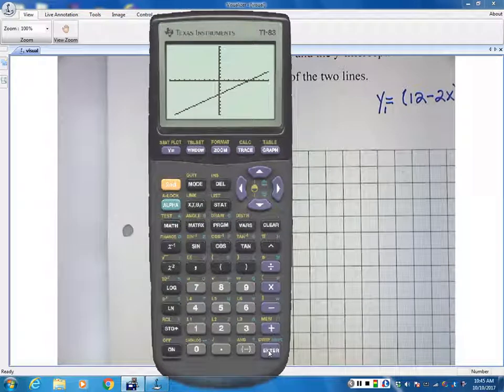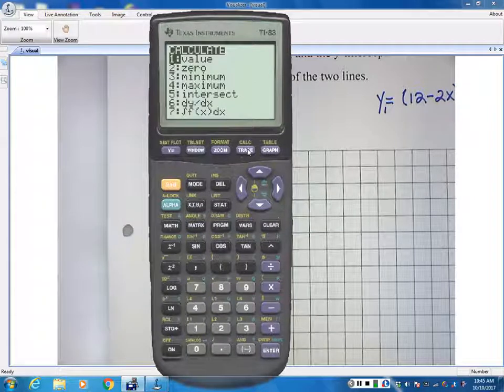So what I want to do is know what the x and y intercepts are. So the first thing we're going to do is find the y-intercept by hitting the second button and then the trace button. And if you look at the top, this is a calculation menu that goes with your graph.